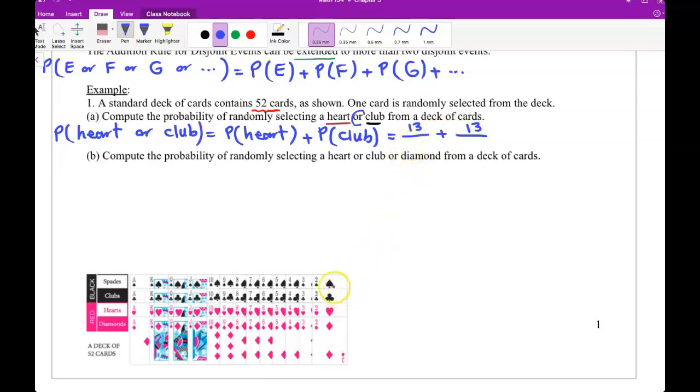And the total number of outcomes, how many cards we have, is given as 52 cards. Now adding these two, we have 26 divided by 52. Simplify. The answer is 0.5.